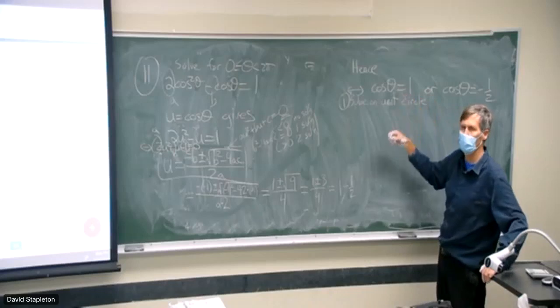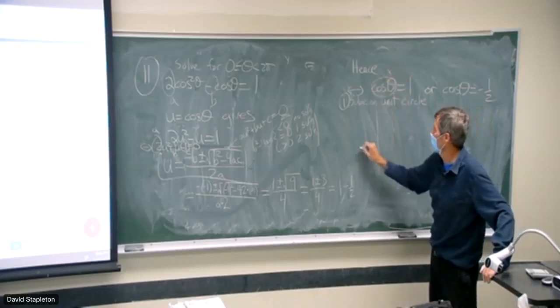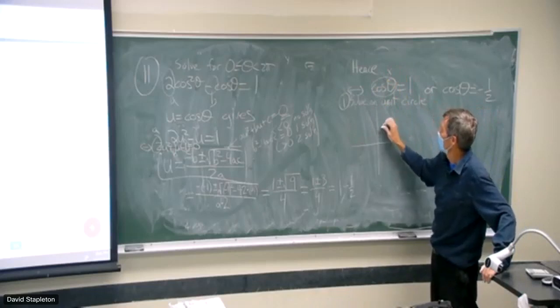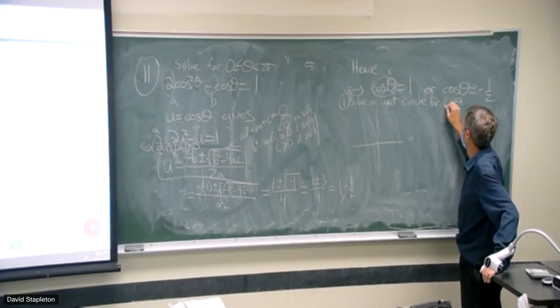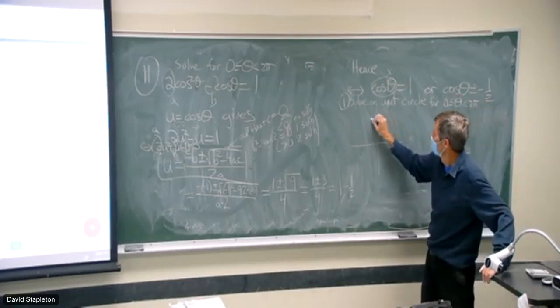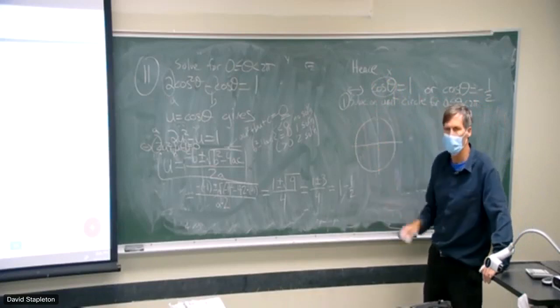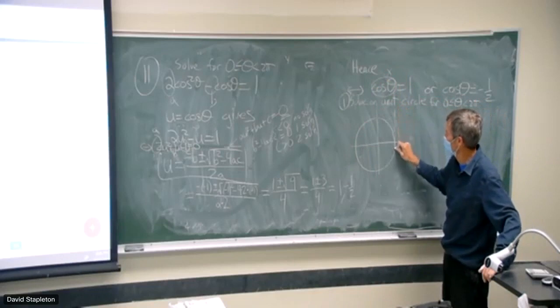And this is a good one here, cosine theta equals 1, because that says x coordinate equals 1. What are the solutions to that, if I want theta to be between 0 and 2 pi? X equals 1 is this line that's just tangent to the unit circle, right?